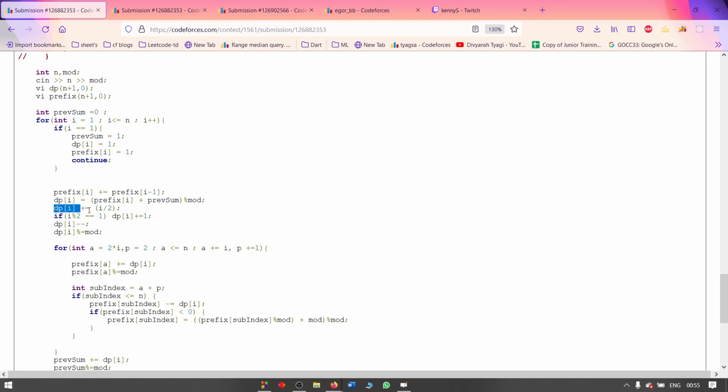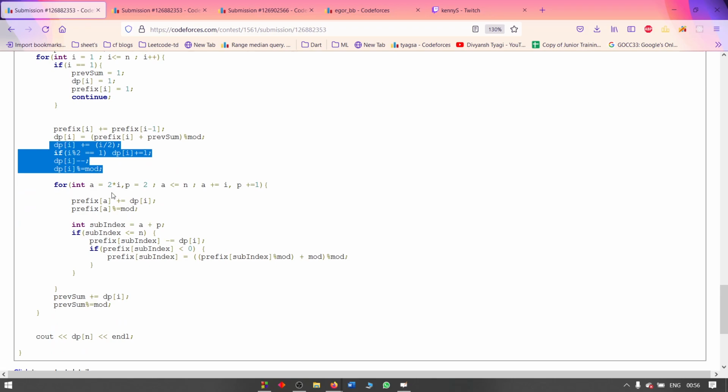And now this is the case where I handle, like I told, for 15, from the number 8 to number 15, when you divide, you get 1. So for 15, it would be 15 by 2 elements, approximately 7 elements. If it's odd, there would be 8 elements. And this is the special handling for 1. And this is the propagation step.